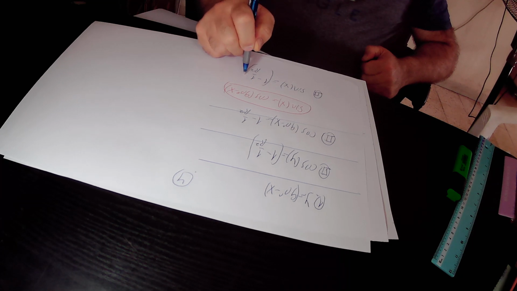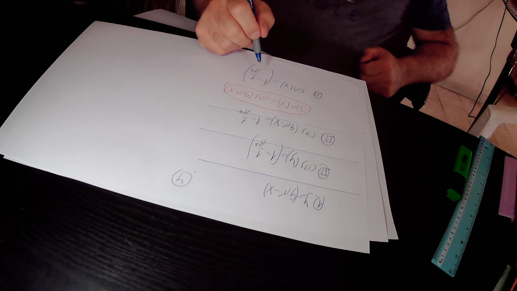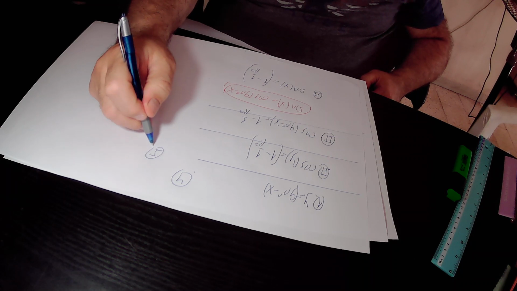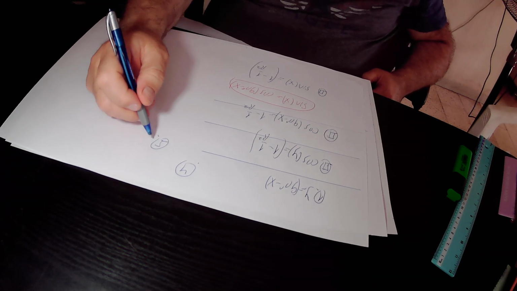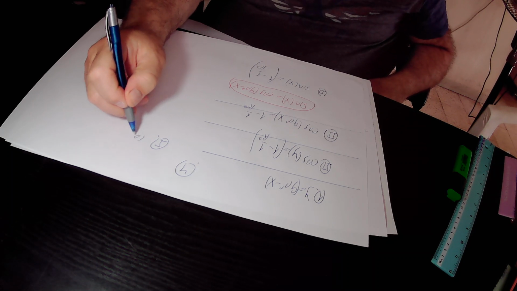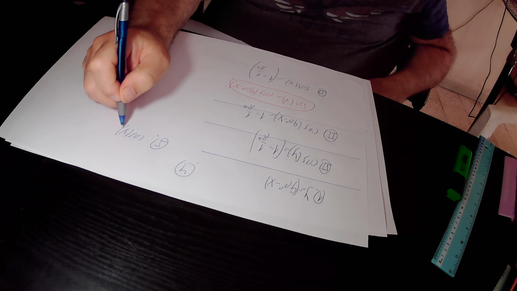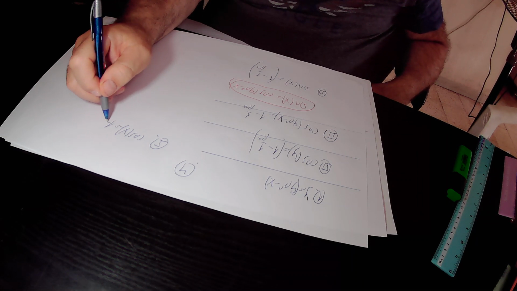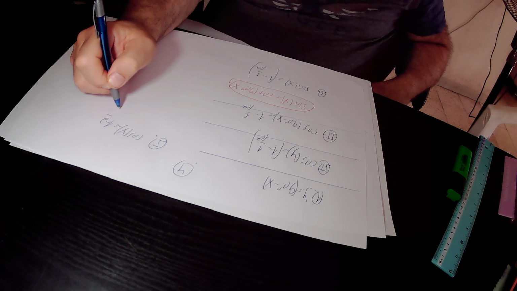This is according to equation 2, while according to equation 1, we have already found out that cosine x equals 1 minus 2 over r squared.